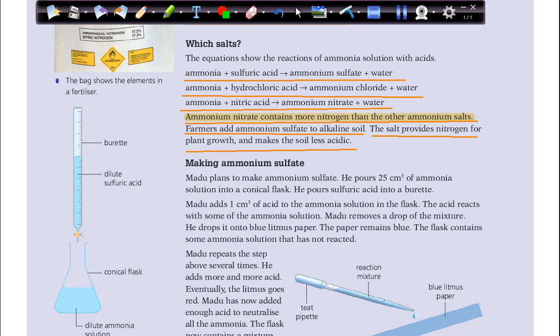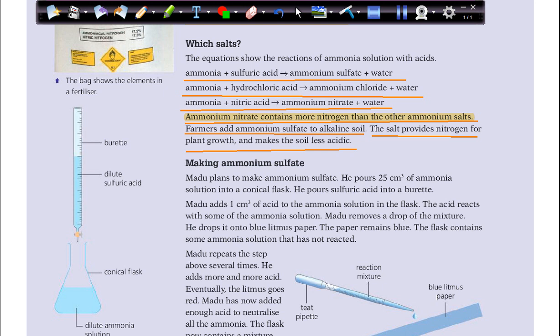We said the ammonium sulfate is acidic, so it can neutralize the alkaline soil a little bit and make the soil less acidic. And it provides nitrogen, this nitrogen salt, for plant growth.